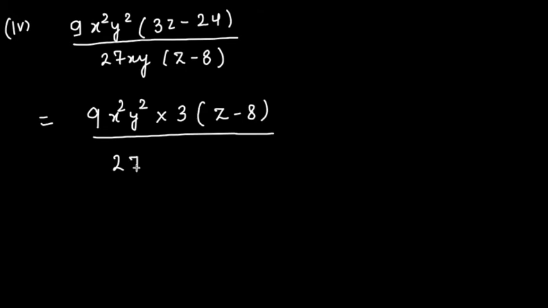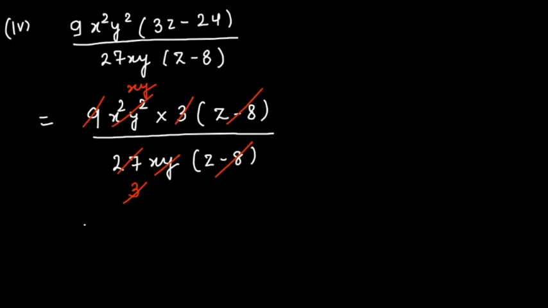Now this will be 27xy and z minus 8. Now do we have something common? I can cancel this factor. Everything is in multiplication, so we can cancel this. Now 9 3s are 27 and this 3 can be cancelled with this. Now this xy and x square y square give me xy. Right? So what will be my answer for this question? xy. Rest of the terms you see are cancelled.